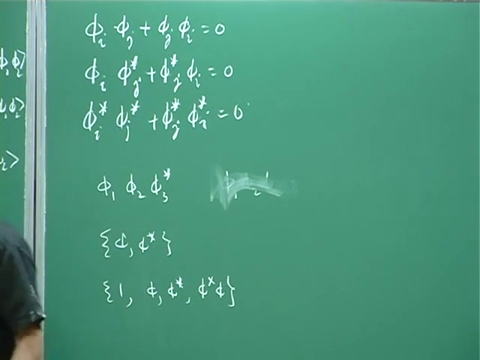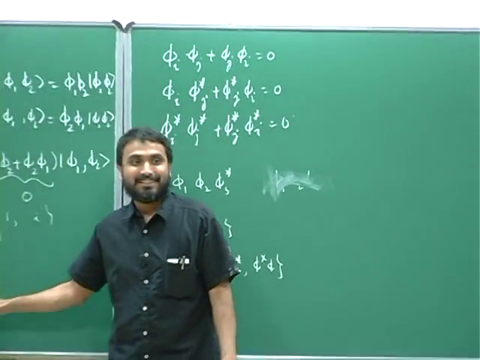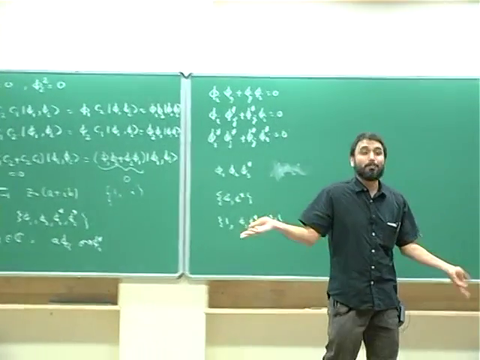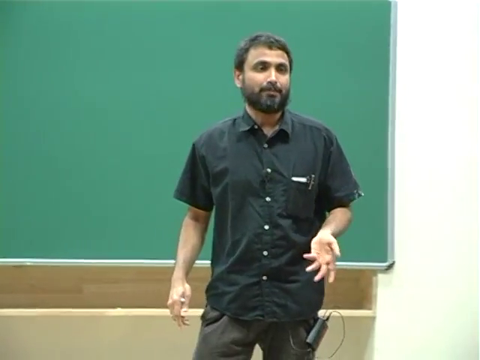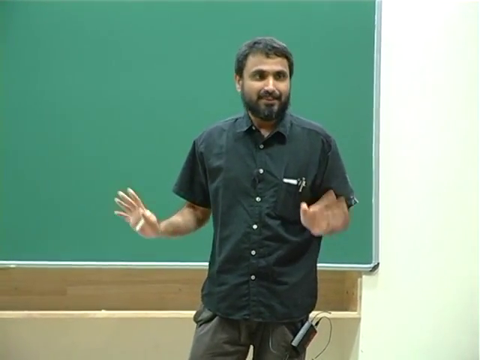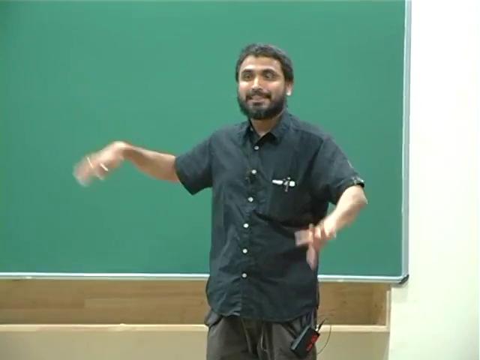Okay? So now, if I have 4 of these guys, how many are there? It's easy, it's 2 power 4. Right? Because in the product you can either keep it or not keep it. So that's the set of all things you can construct out of this.